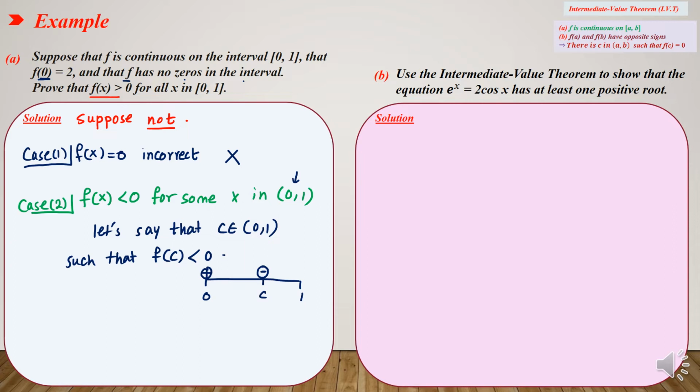So here the function f is continuous in this subinterval from 0 to c, and f of 0 and f of c have opposite signs, which means in the interval from 0 to c, which is a subinterval of the interval from 0 to 1, we have some number a between 0 and c such that f of a equals 0.